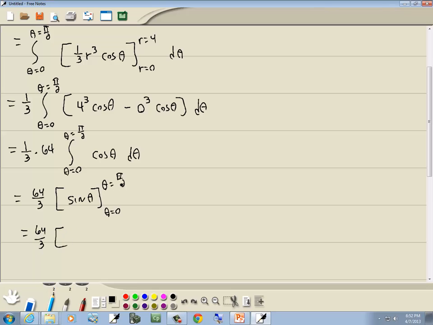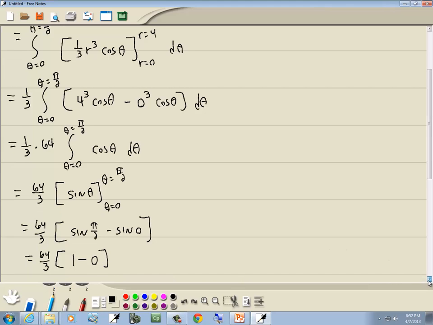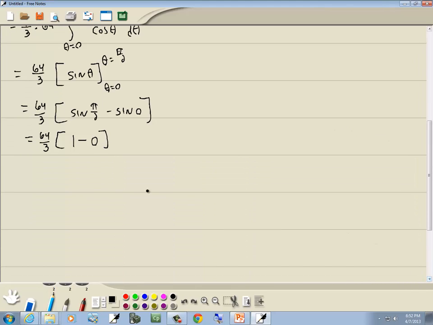If I plug in those values, I put pi over 2 in for theta, I get sine of pi over 2 minus sine, and if I put 0 in for theta, sine 0. Well, if I look at my unit circle, sine of pi over 2 is 1, minus sine of 0 is 0. Which gives us 1 minus 0, which is 1, which gives us 64 thirds as our answer.